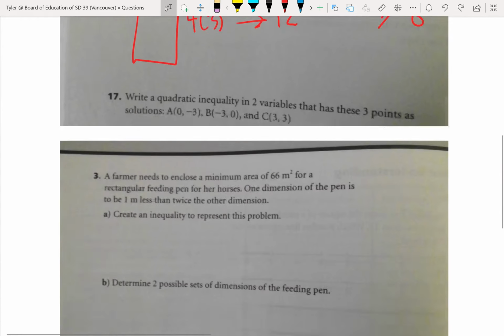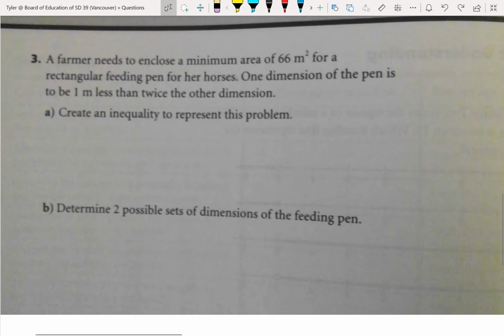Cool. All right. The other question was this one. A farmer needs to enclose a minimum area of 66 meters squared. One dimension of the pen is to be 1 meter less than twice the other dimension. So let's draw a picture so we can understand. Let's say the one dimension of the pen, we'll call this length and width.